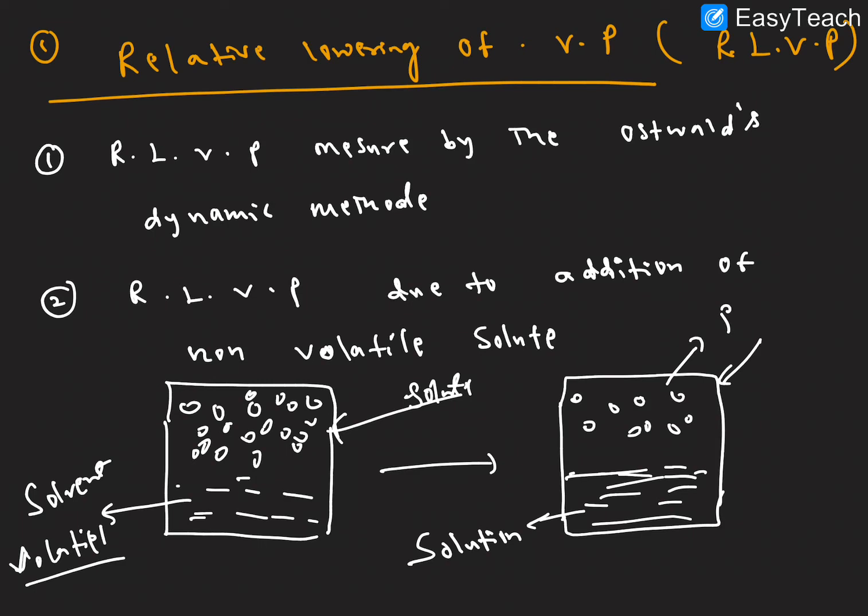Generally, P naught A is the solvent vapor pressure. According to Raoult's law, the partial pressure of each component is directly proportional to its mole fraction, which we discussed earlier. Here the vapor pressure decreases due to the addition of a non-volatile solute.